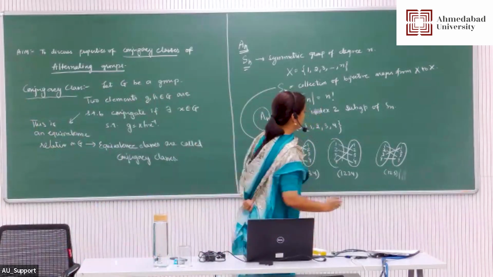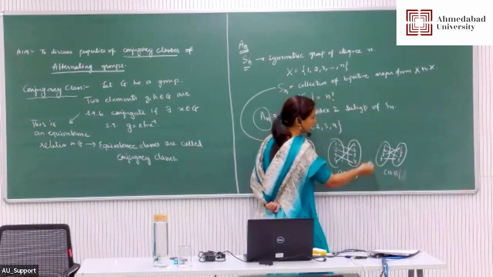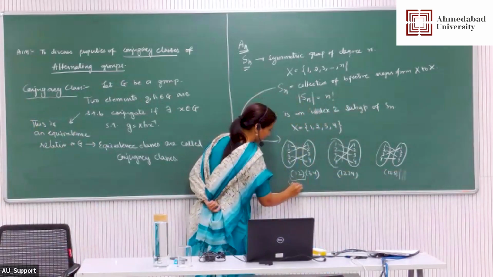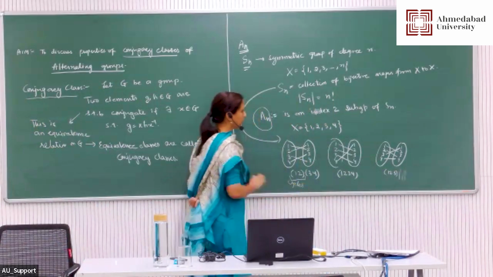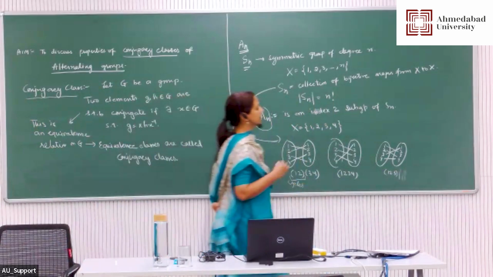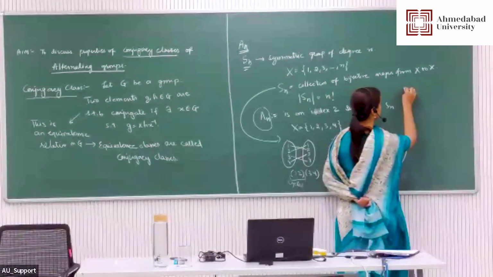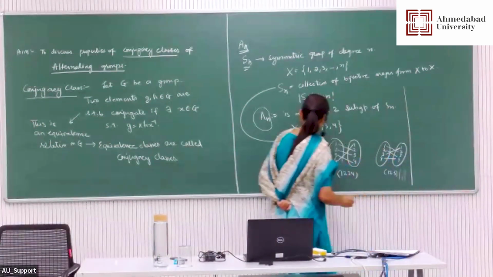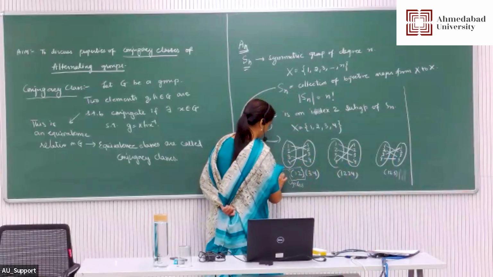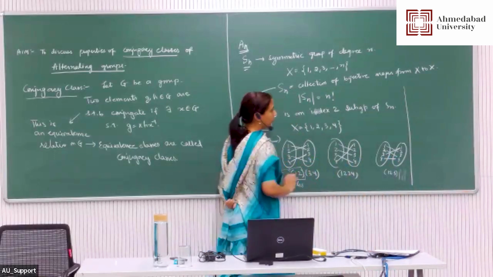So for shorthand, whatever elements are missing are fixed elements. These parts are called cycles. So every element of S_n can be written as a product of cycles, and further, cycles can be written as a product of two-cycles. By two-cycle, I mean this is a two-cycle.